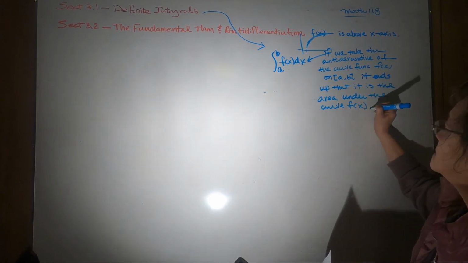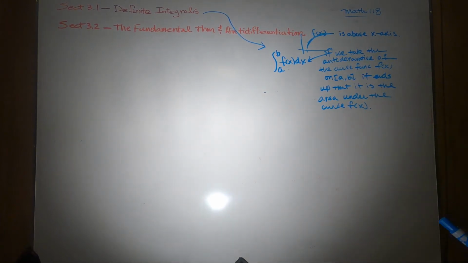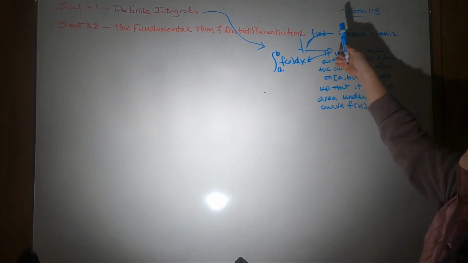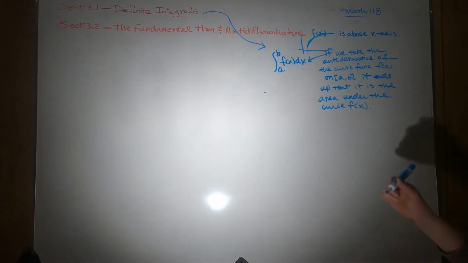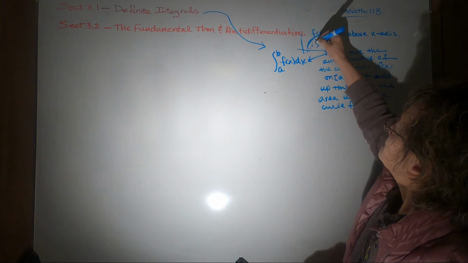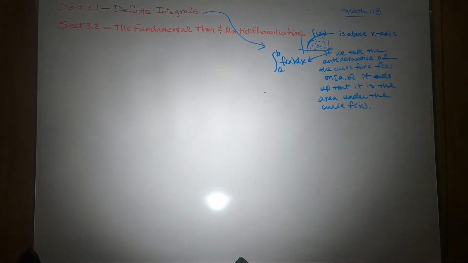So in the last section, section 3.1 on definite integrals, we were talking about how, if the curve is like this and I take the antiderivative of the curve, then it happens to be the area underneath the curve. That's the concept you need to get from the last section.